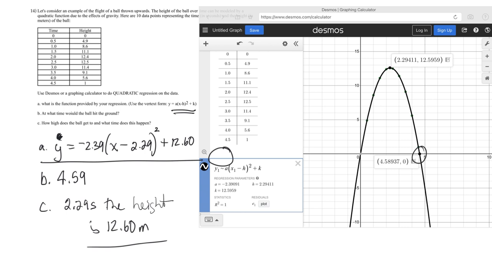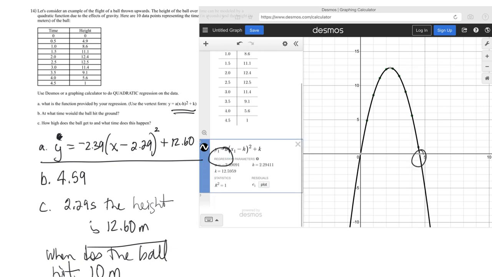Another question I like to do with this, and again, you can use Desmos to do it. You could say, well, when does the ball hit, say, a height of 10 meters? So you can do that very easily with the graph.